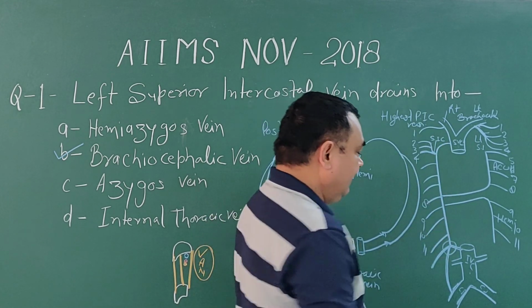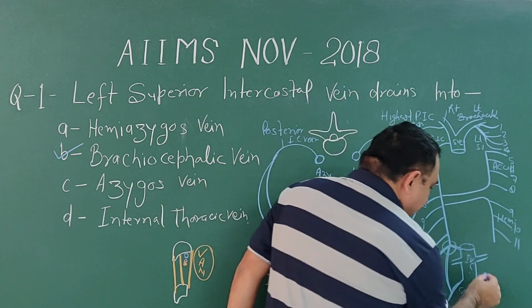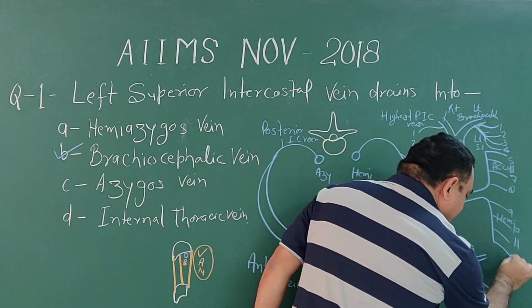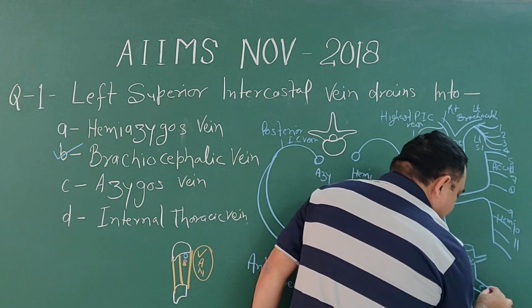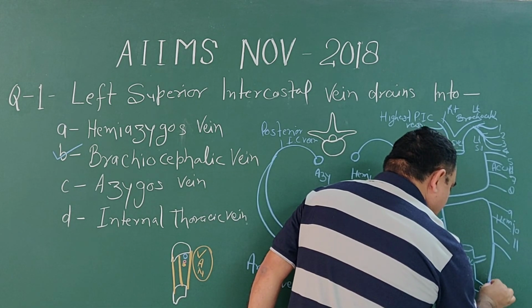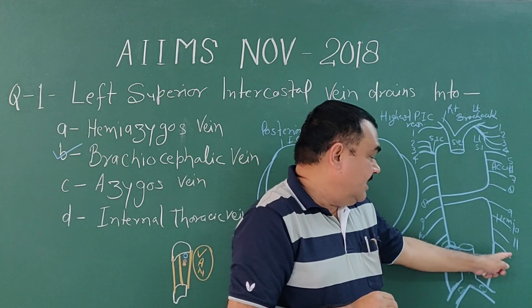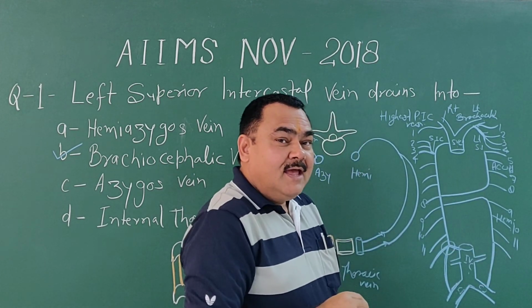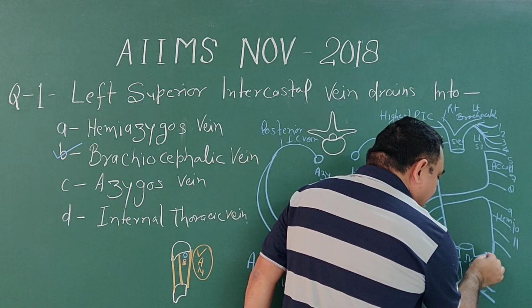And the left side is slightly different. Here is the subcostal vein like the right side, and here is the ascending lumbar exactly like the right side. This is the left ascending lumbar, left subcostal and left lumbar azygous vein.